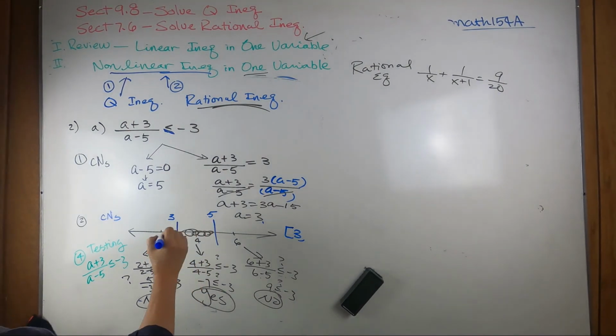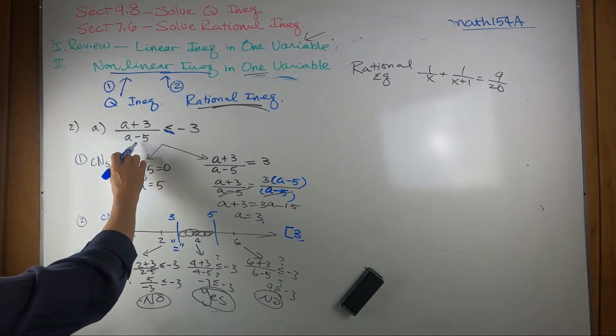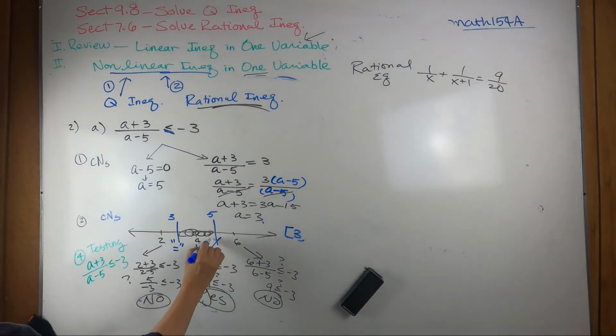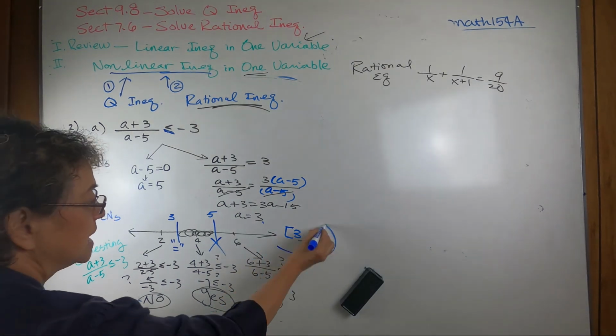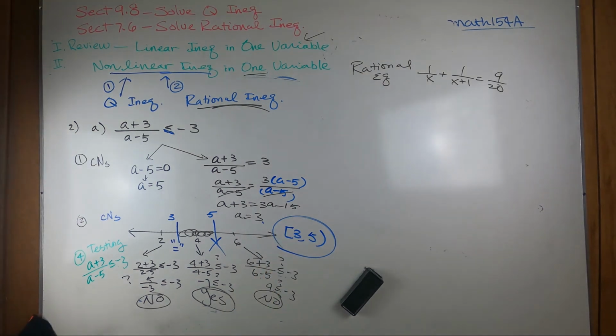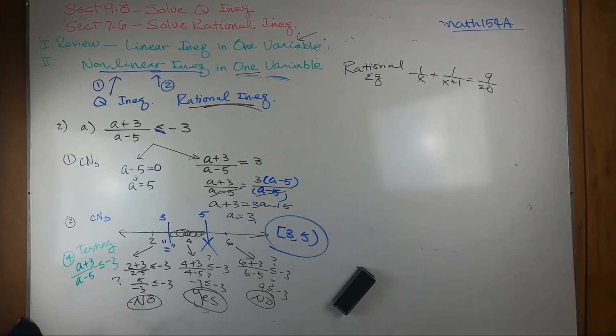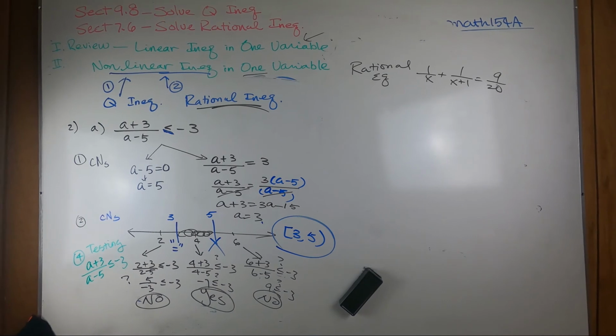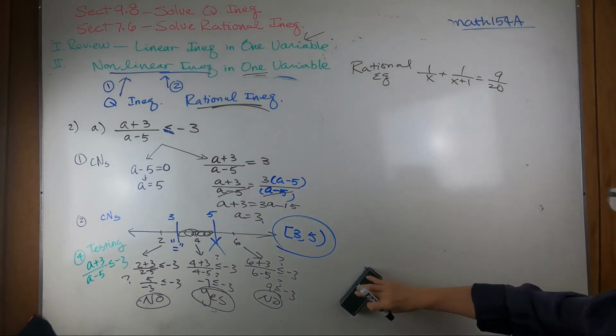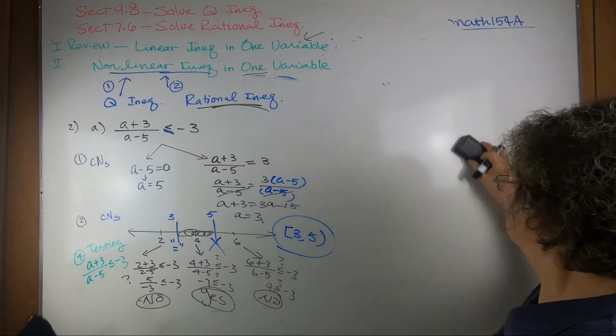How about 5? 5 will make the denominator 0, so you cannot use that point. So it's up to 5, not including 5. That would be your answer. Good. So for your class, as we said, your answer is either in the middle or on the 2 sides, right?